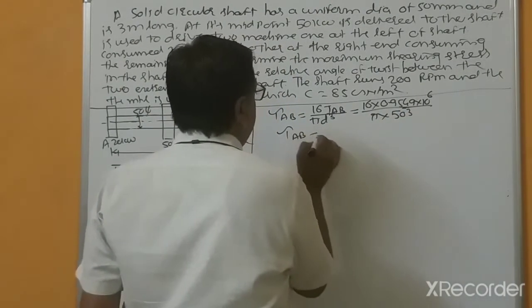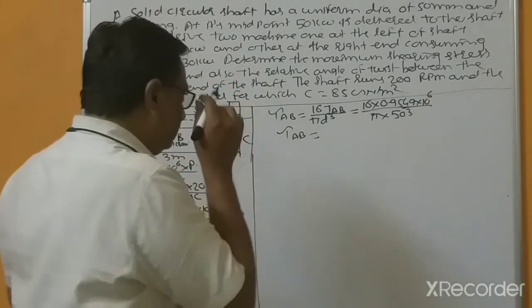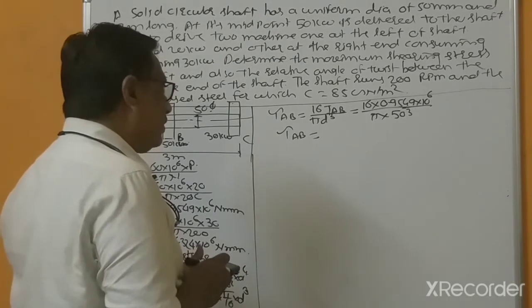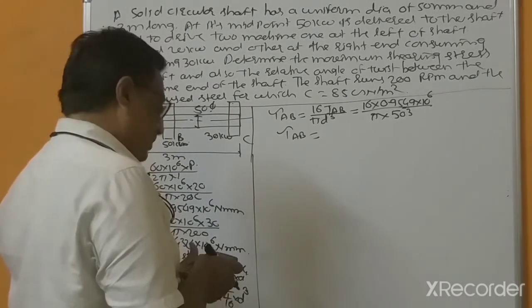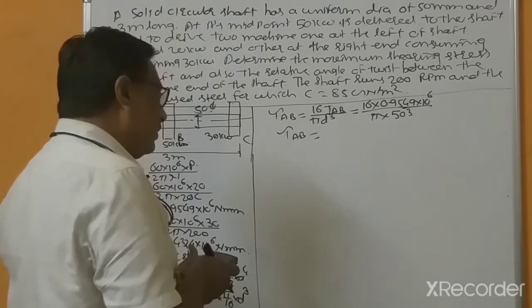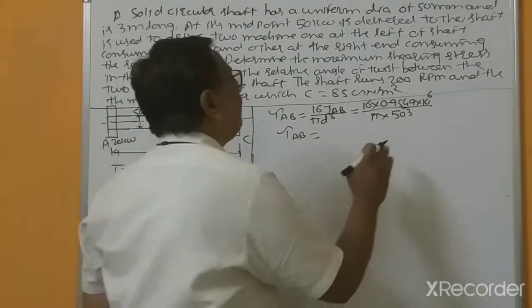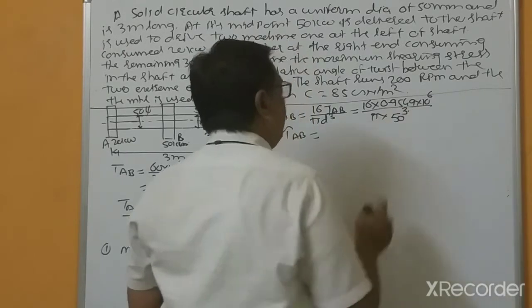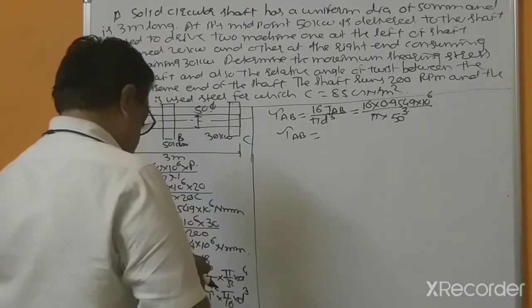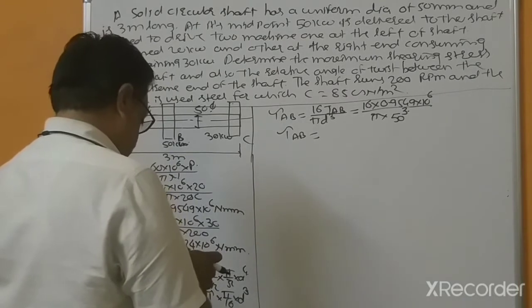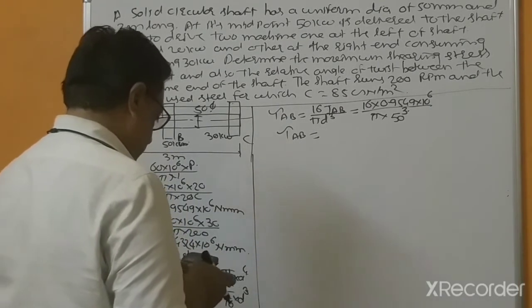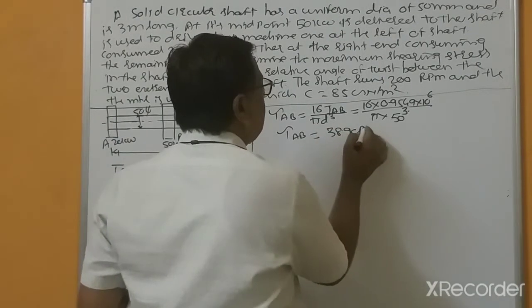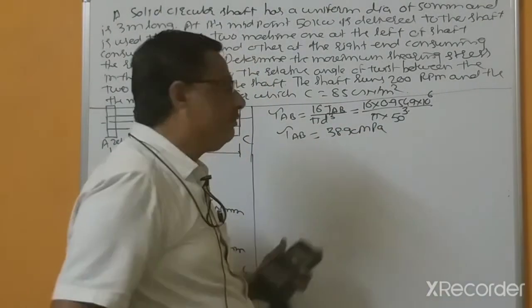Shear stress AB equals 16 divided by pi divided by 50 cube, which is equal to 38.90 megapascal.